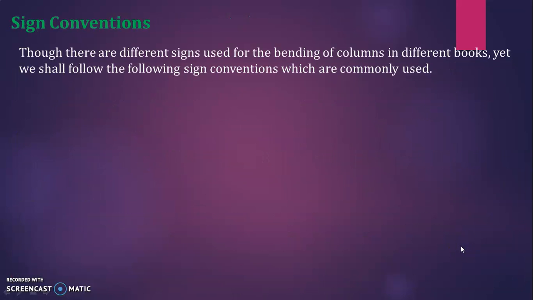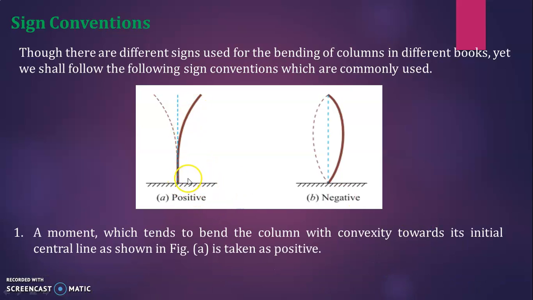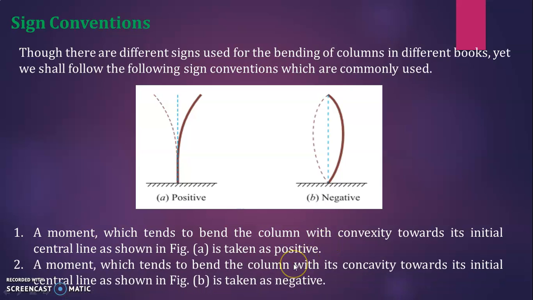Then there are some sign conventions for Euler's theory. A moment which tends to bend the column with convexity towards its initial central line, as shown in the figure, is taken as positive. If it tends to bend the column with its concavity towards its initial central line, then it is taken as negative.